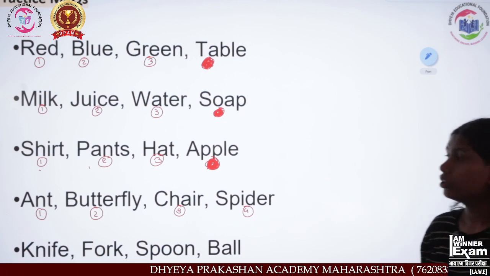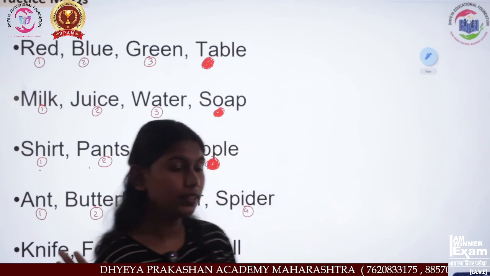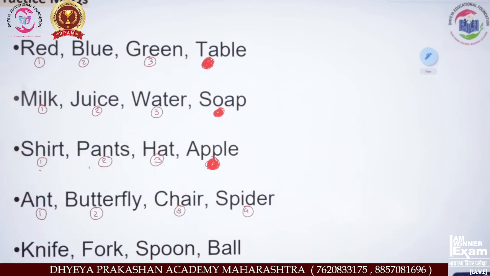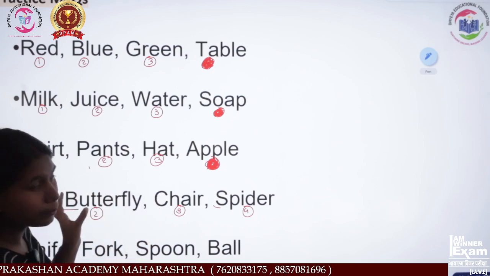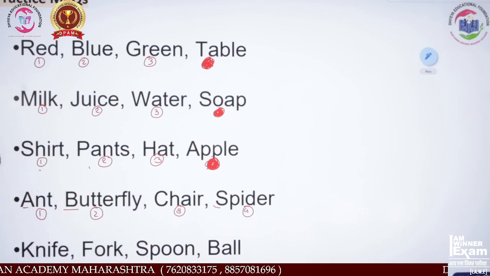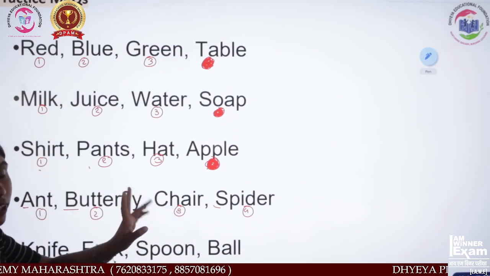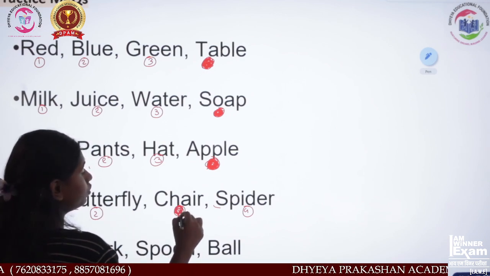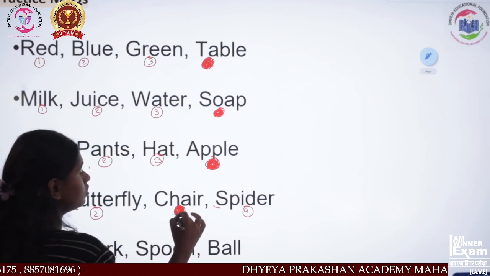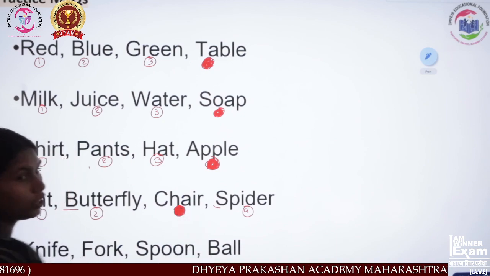That is the chair. Why chair? Because ant, butterfly and spider are animals, living things. But chair is not a living thing, right? Chair is not an animal. So you have to circle the third one, that is different from all of the three.